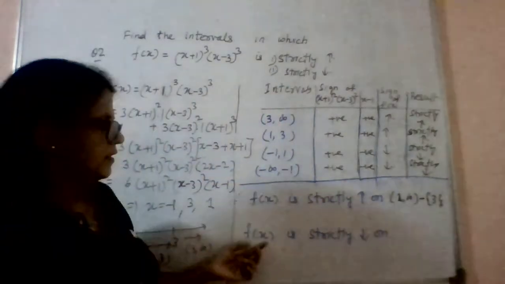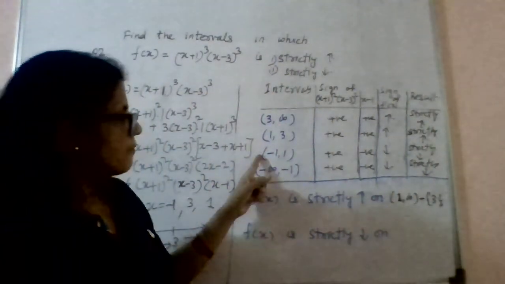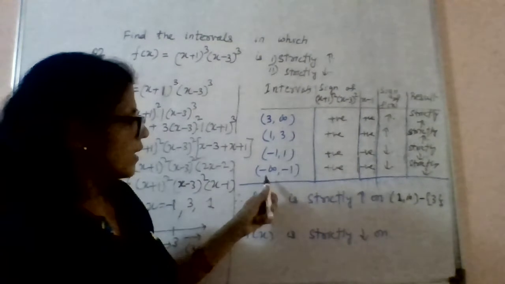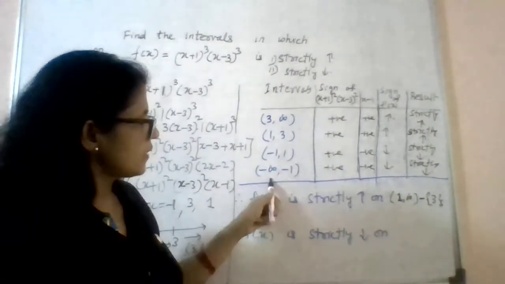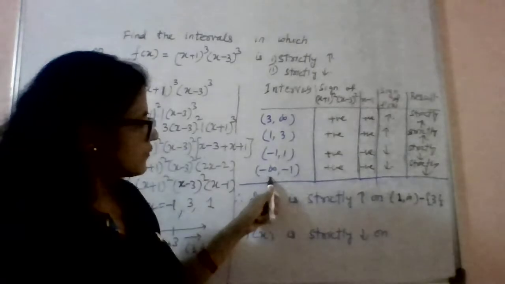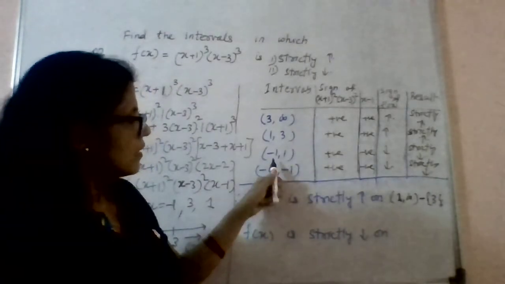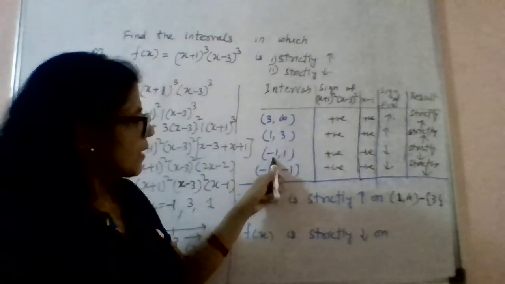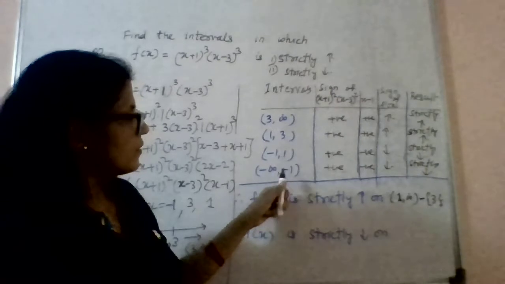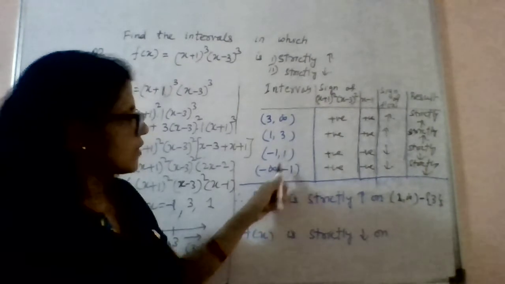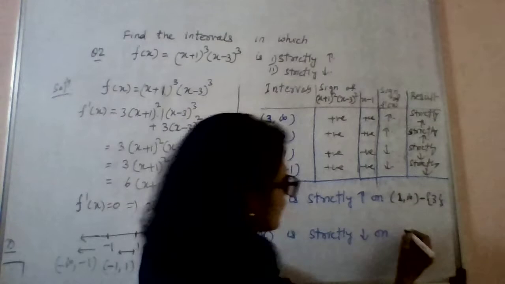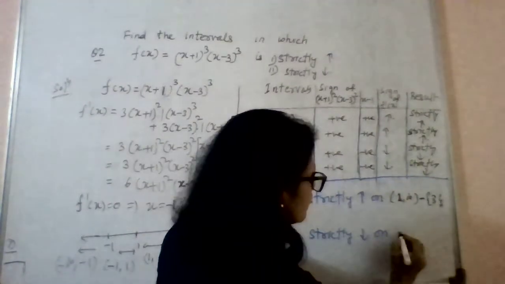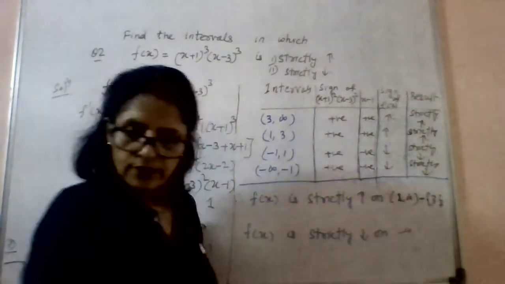Similarly, strictly decreasing: minus 1 to 1, minus infinity to minus 1. If you combine these two, it is minus infinity to minus 1 union minus 1 to 1. So minus infinity to 1 except minus 1.